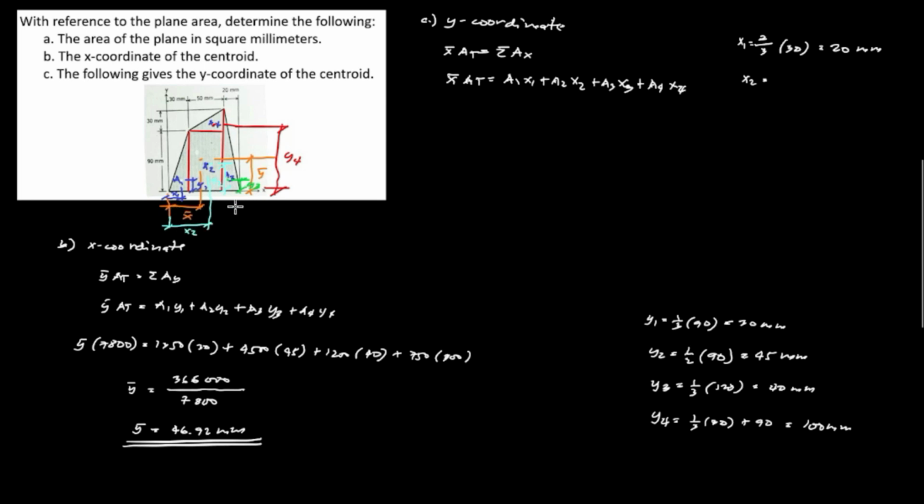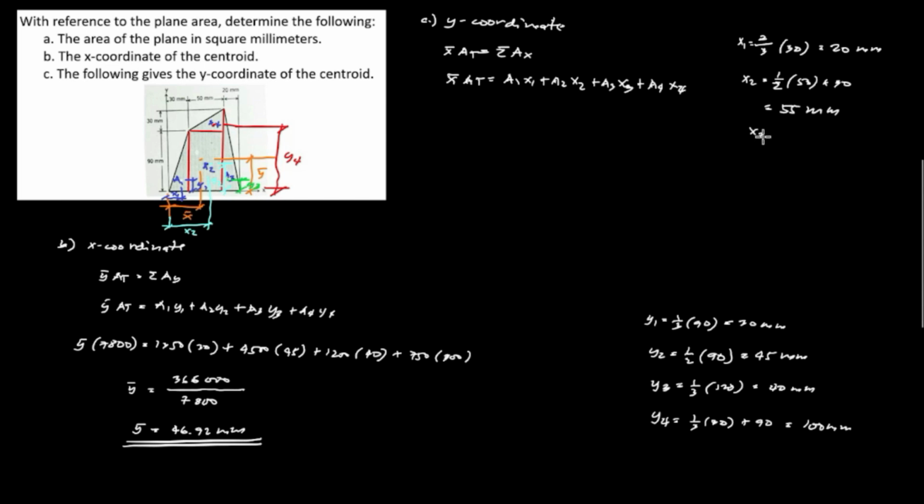And x sub 2 is 1/2 of the base of the rectangle plus the distance from this point up to the y coordinate, or 30 millimeter. So 1/2 of the base, which is 50, plus 30 millimeter. So 1/2 of 50 is equal to 25 plus 30, or 55 millimeter. So x sub 2 is equal to 55 millimeter.